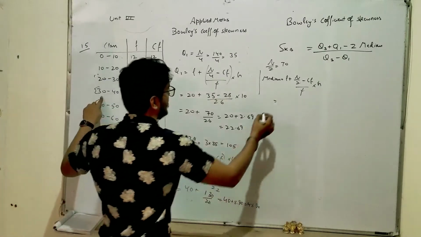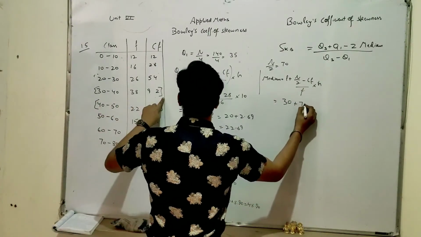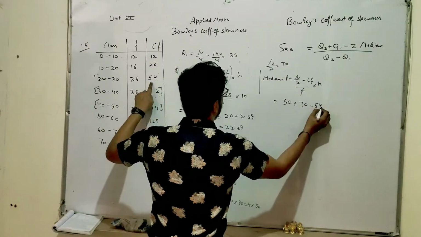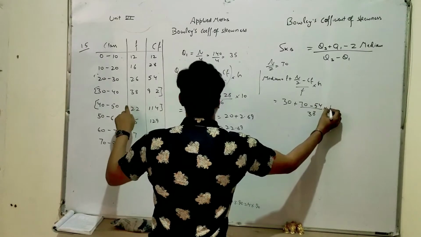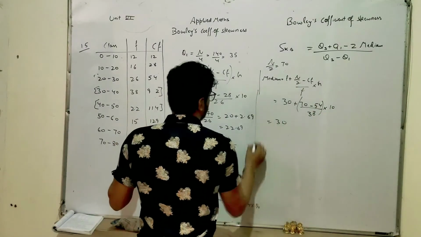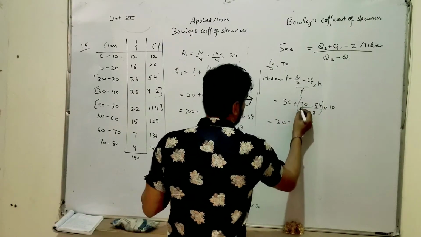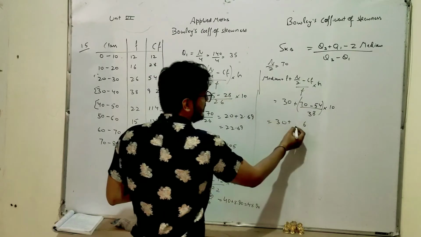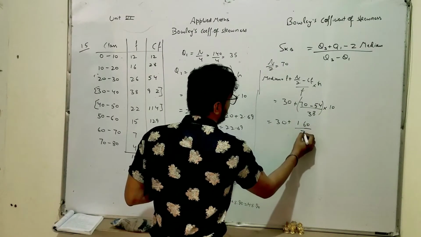So 30 plus n by 2, 70, minus CF 54, upon F 38, multiplied by H 10. So 30 plus 160 upon 38.